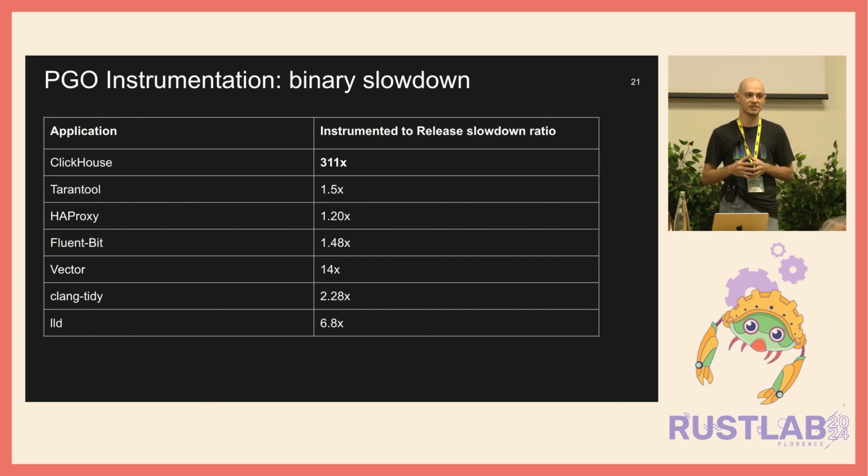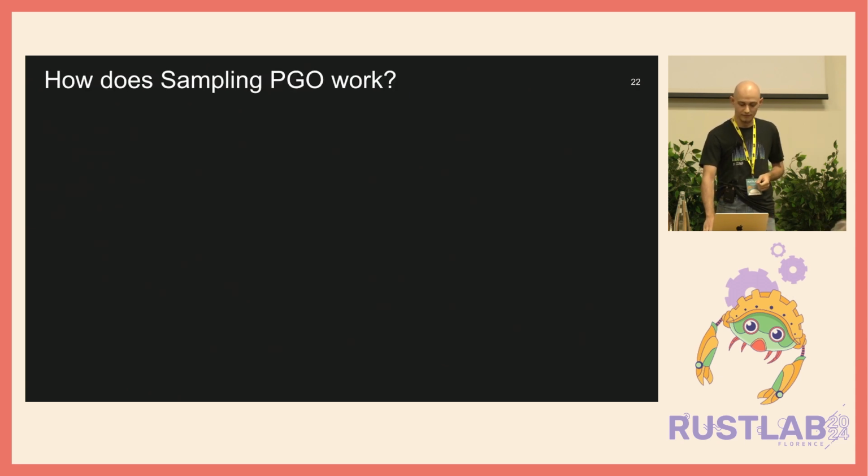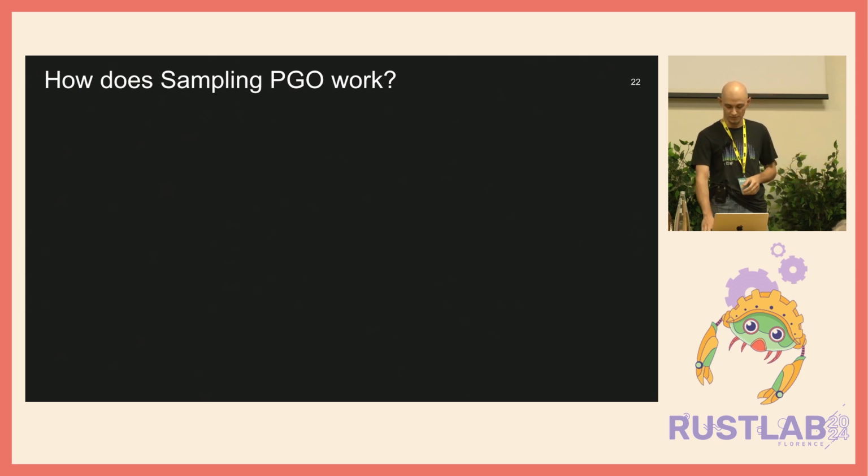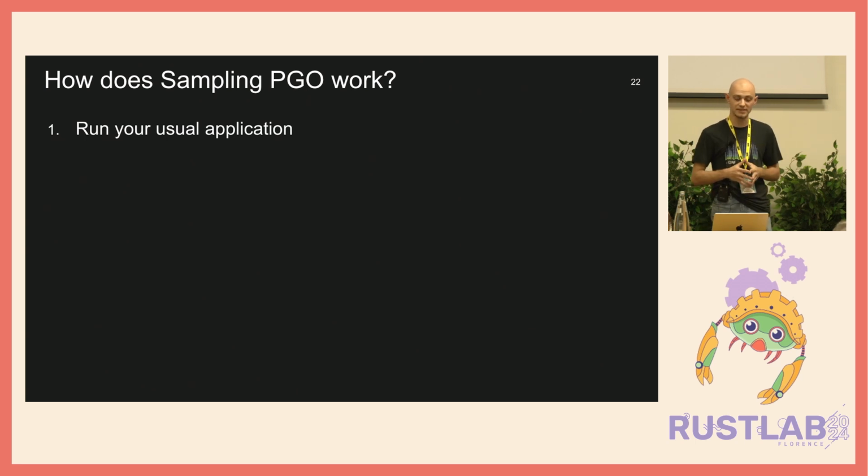Google is the largest PGO user in the world and the largest C++ user in the world. They met all these problems, I think, like 10 or 15 years ago, and they decided to implement another way to use PGO. This way is called sampling PGO. So what is the idea?